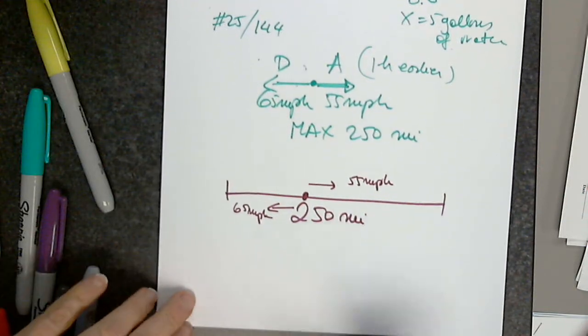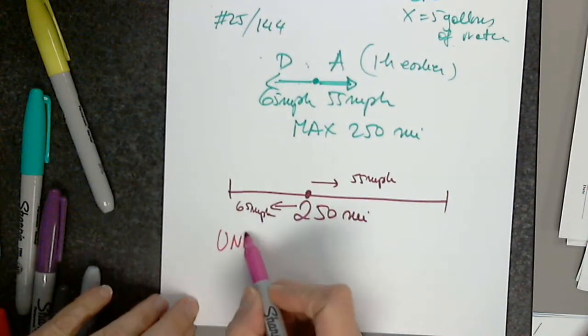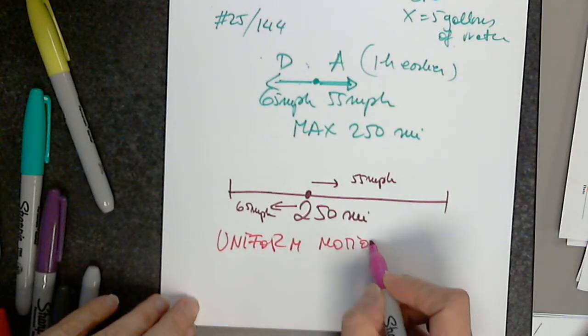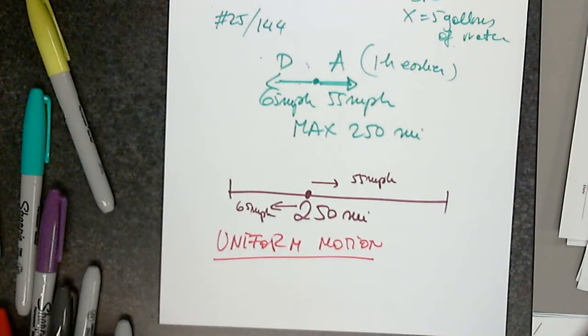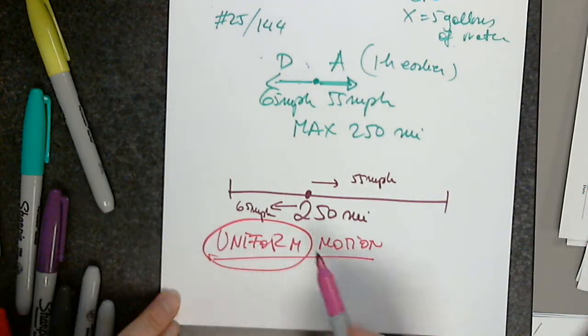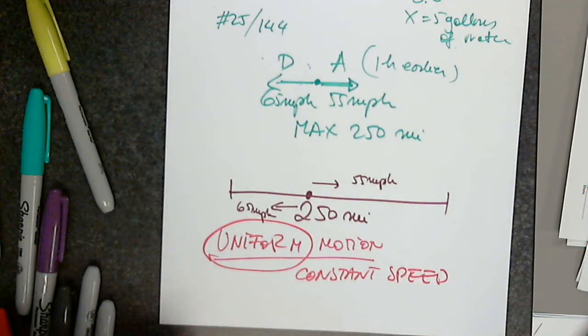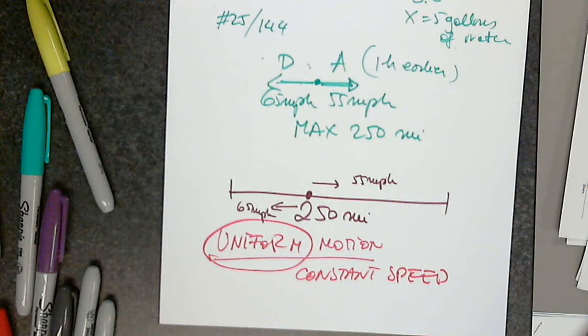First of all, we will call this uniform motion, which is not entirely correct. I can't get to 55 miles an hour unless I start at 0. By uniform motion, we mean constant speed. Not possible in real life.